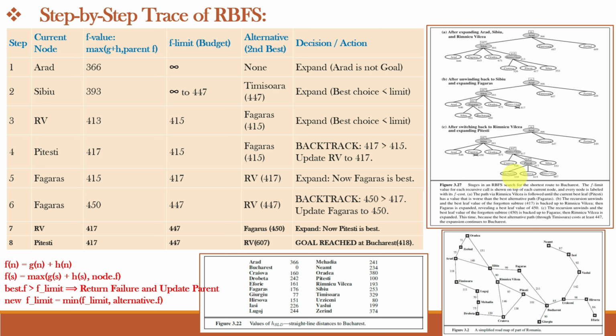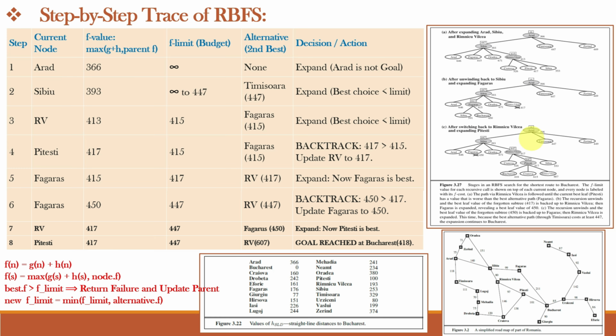So you have to go ahead with 418, that is expanding Bucharest. But before doing that, we check whether Bucharest is our goal. Yes. So Bucharest is our goal and goal is reached. So as we have reached our goal, the search will stop. So you can see that we have reached Bucharest at the minimum cost of 418 kilometers.